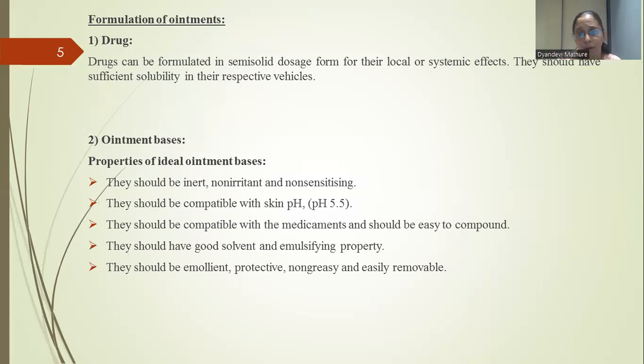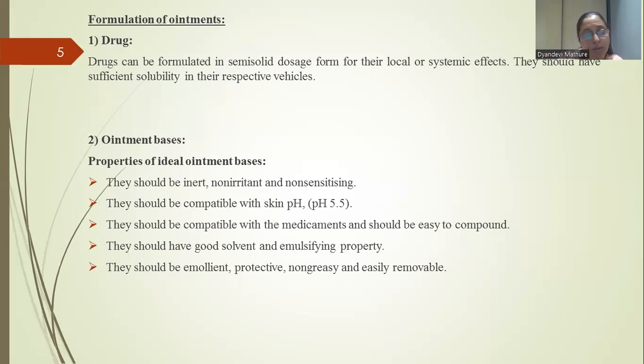Like in the case of medicated ointment, we have said that medicated ointments contain medicament, they contain drug, and as they contain the drug, it will go into the systemic circulation and produce the local or systemic effect. They should have sufficient solubility in their respective vehicles. As we have said many times, ointment contains a base. Whatever base we are using, whether it is water soluble or oleaginous, accordingly you need to select your drug.